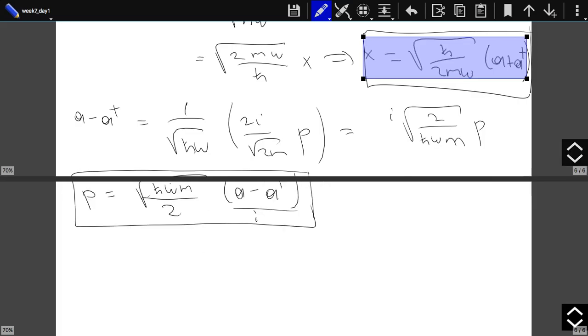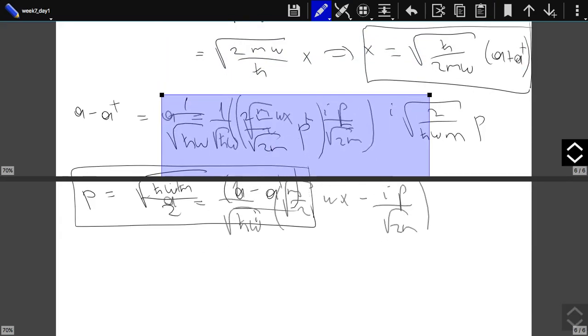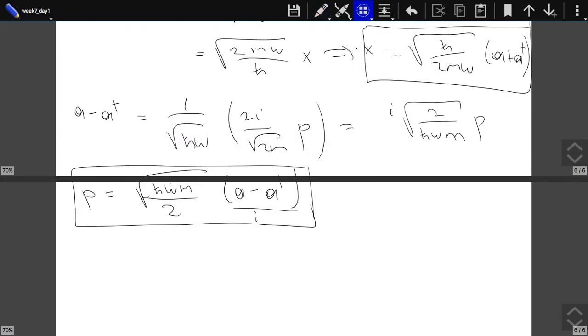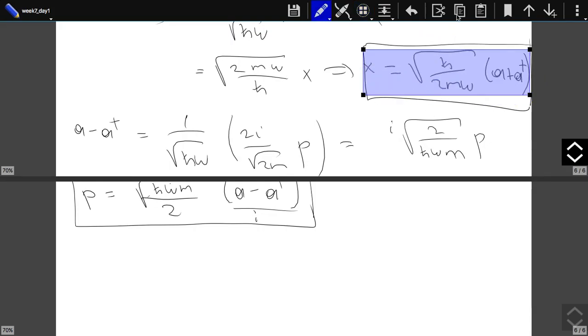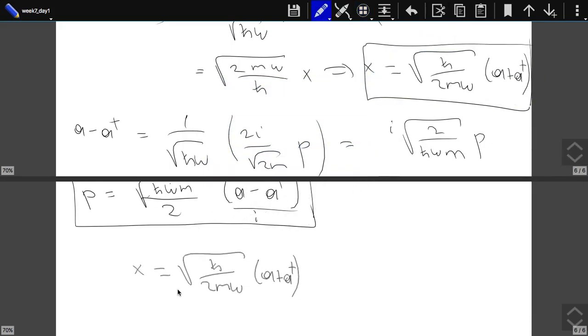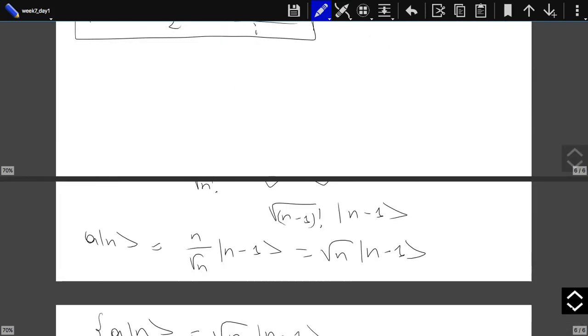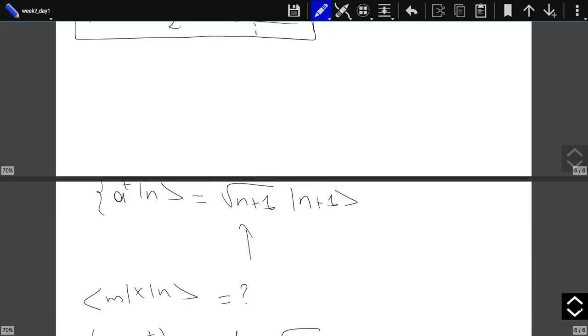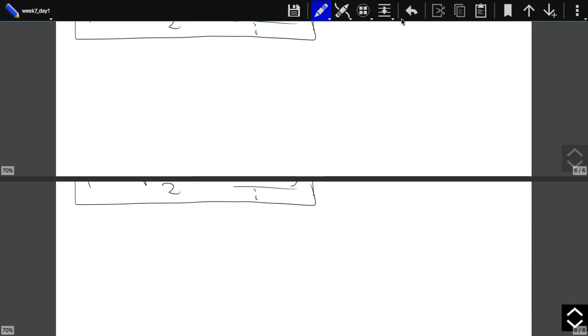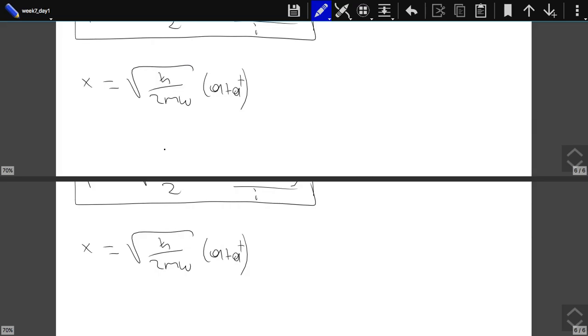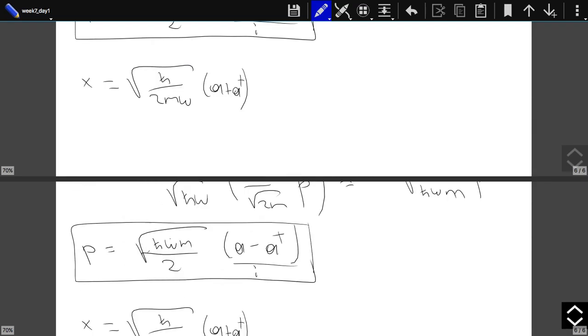This is x. And this is our P, the momentum.